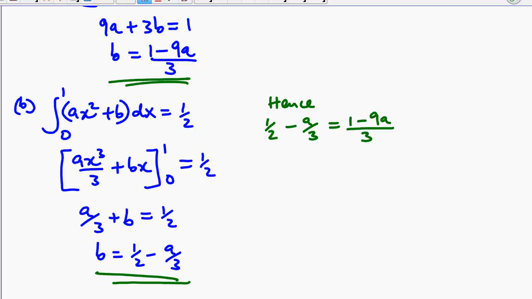So multiply each side by 6. We'll end up with 3 minus 2a is equal to 2 minus 18a. So 16a will be equal to negative 1. So a will be equal to negative 1 over 16.